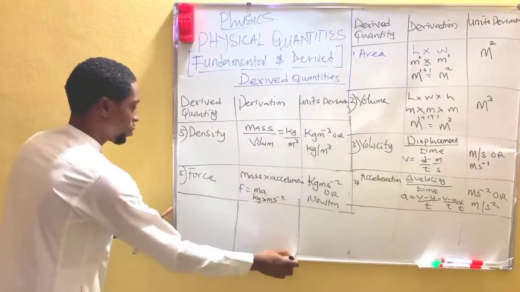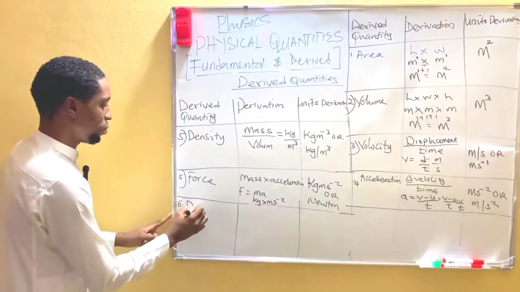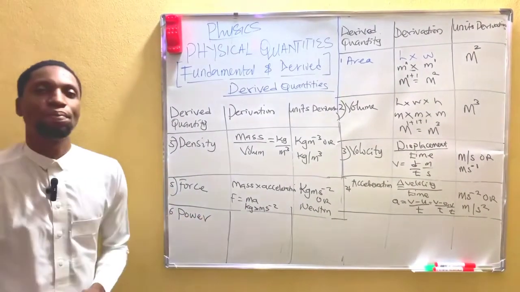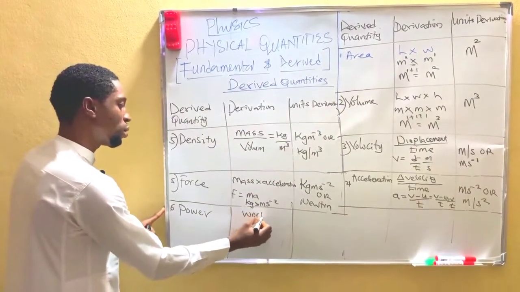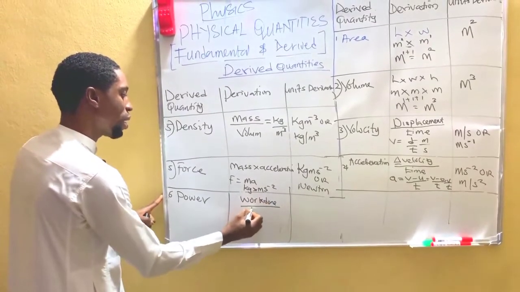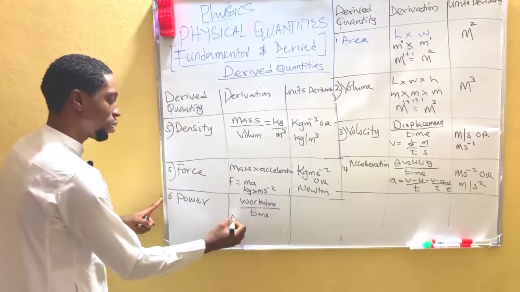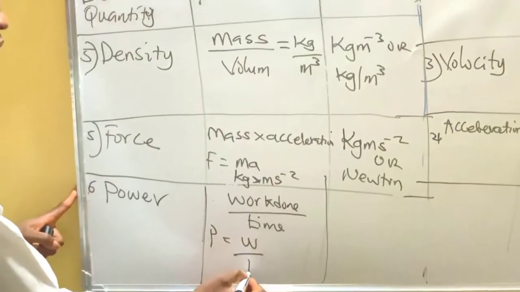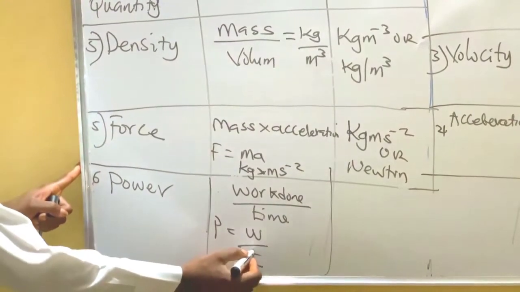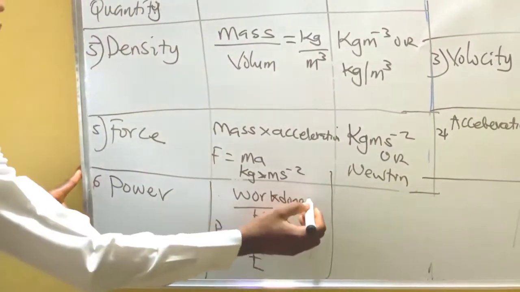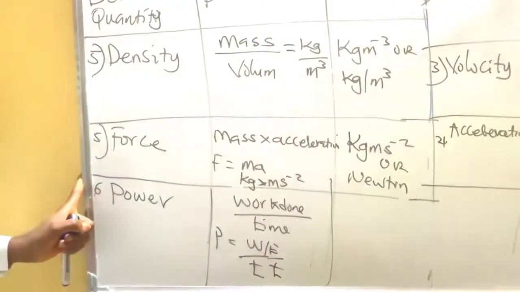Then we have number 6 on our list. Power. Power is work done divided by time. So in other words, power is W divided by T, or you can say energy over time.